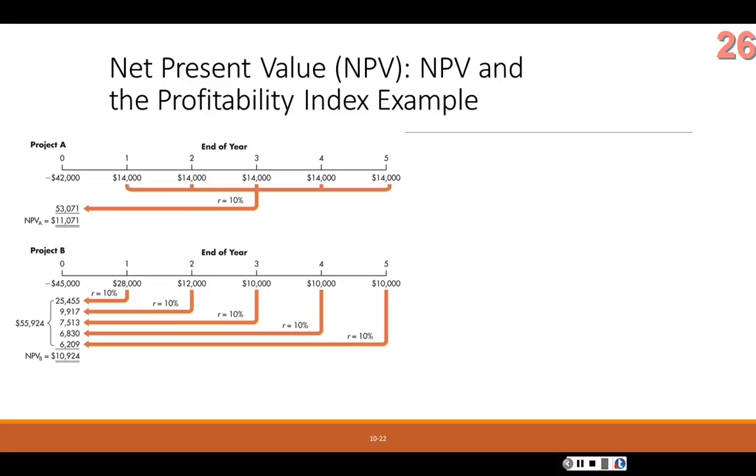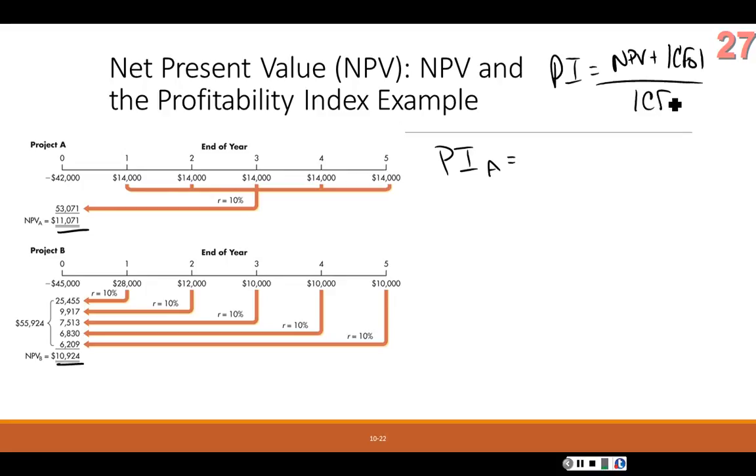So here we have our project A and project B, the same ones that we've been using. Remember, project A, the net present value was $11,071, and project B, the net present value was $10,924. So the profitability index for project A is equal to net present value plus the absolute value of the cost divided by the absolute value of the cost.